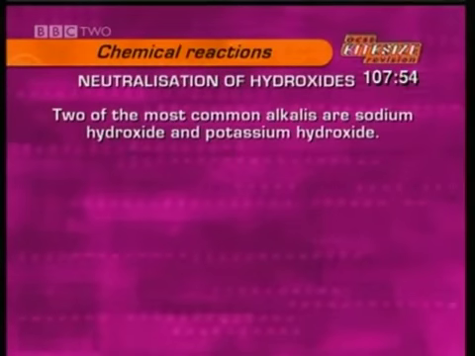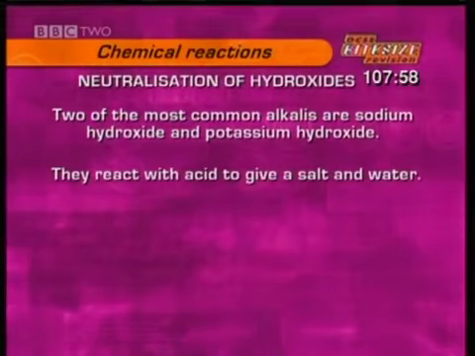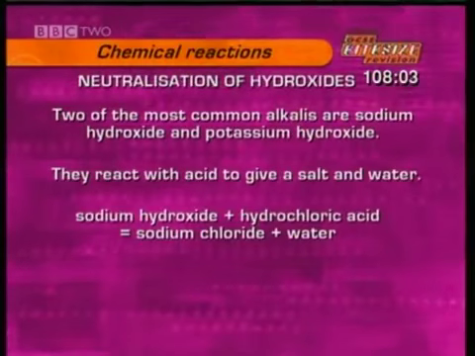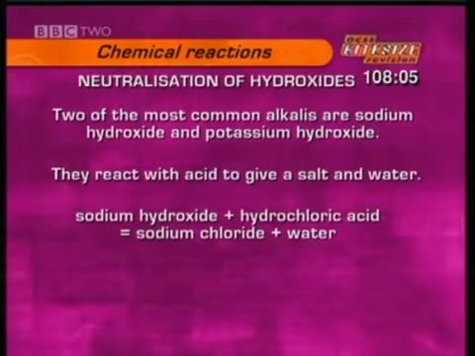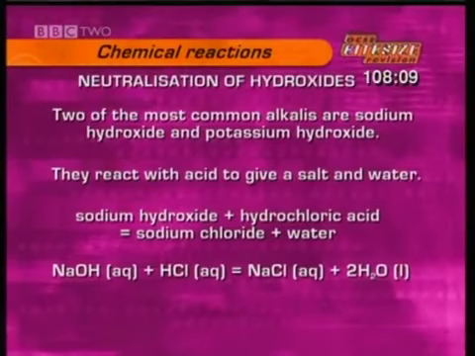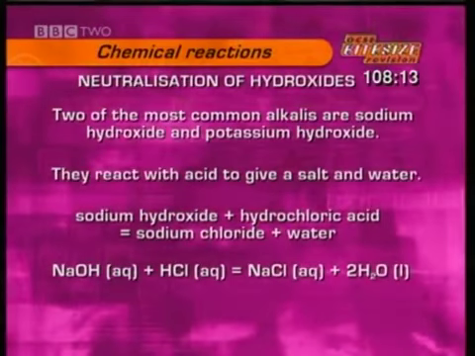Two of the most common alkalis are sodium hydroxide and potassium hydroxide. They also react with acid to give a salt and water. Sodium hydroxide and hydrochloric acid give sodium chloride and water. NaOH plus HCl gives NaCl plus H2O.